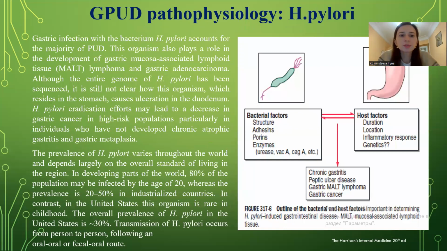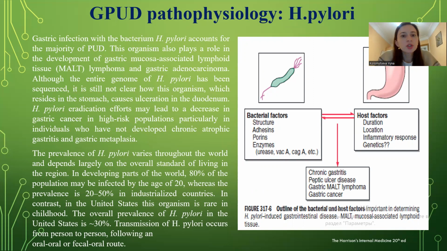Gastric infection with the bacterium Helicobacter pylori accounts for the majority of peptic ulcer disease. The organism also plays a role in the development of gastric mucosa-associated lymphoid tissue lymphoma, MALT, and gastric adenocarcinoma.